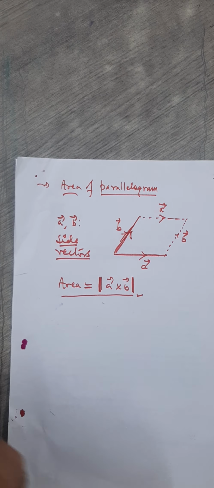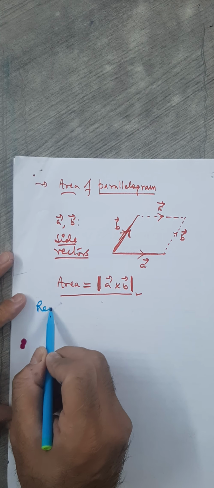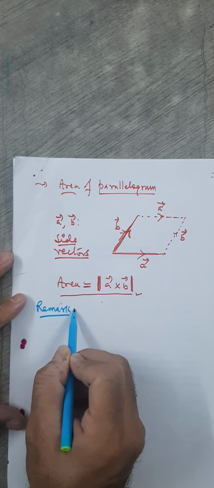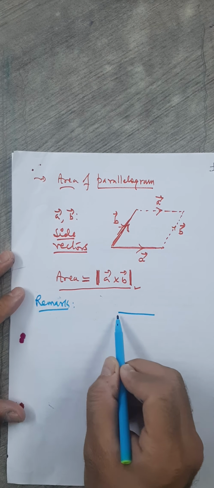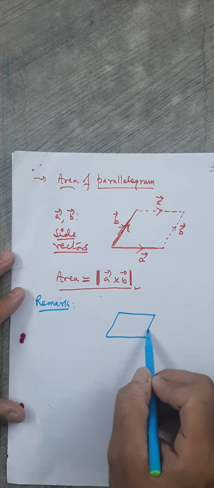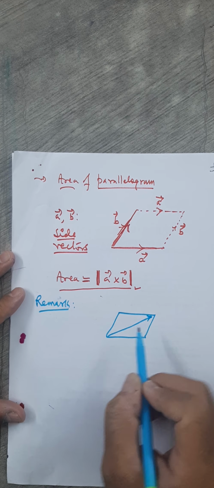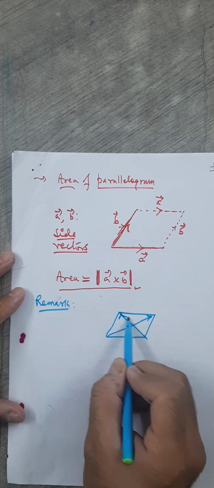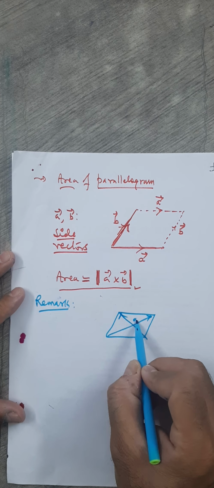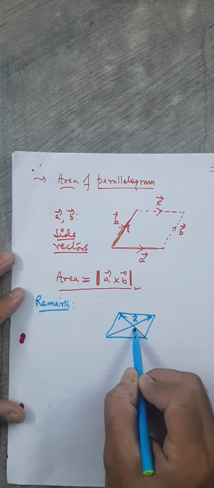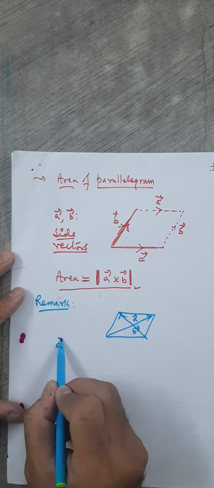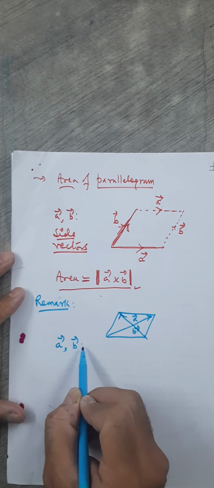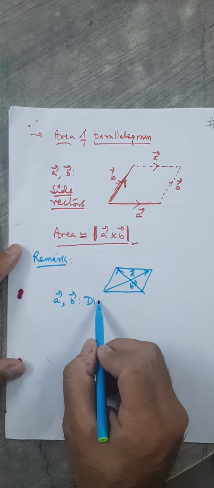But in case you have, as a remark I'll write, a parallelogram where you are given two diagonals. Two diagonals you are given, vector A and vector B. Your vectors A and B are nothing but the diagonal vectors.